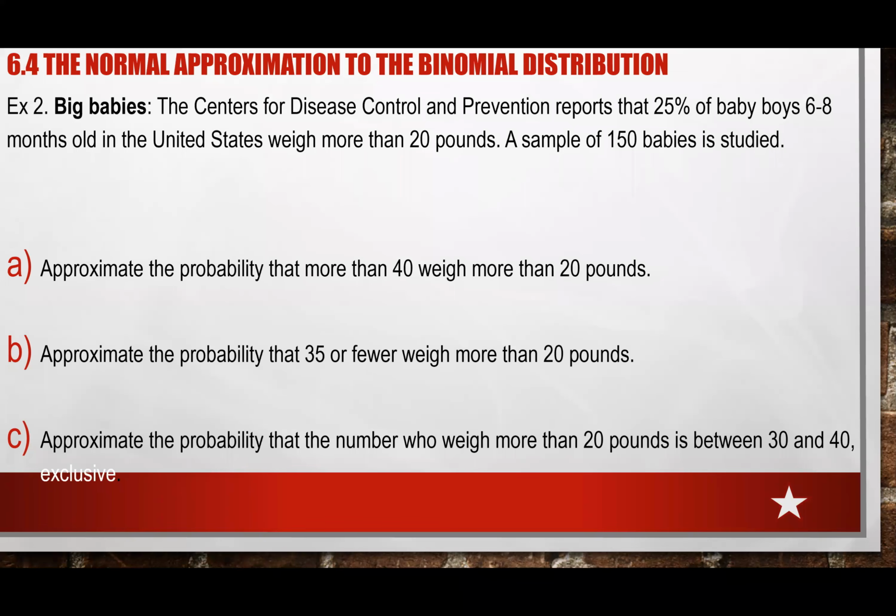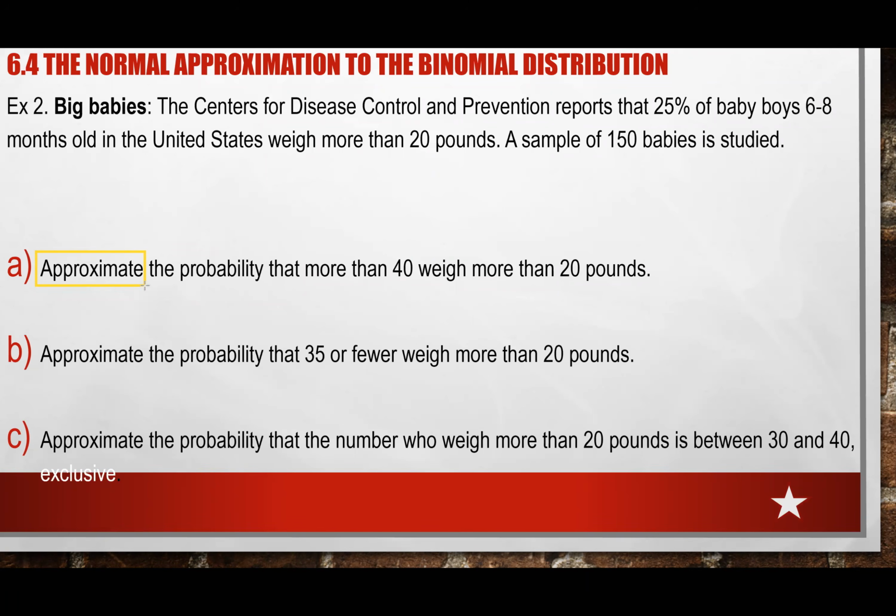They ask you to approximate, and again, that's the keyword. When they tell you to approximate, that's when you use the approximate normal. So approximate the probability that more than 40 babies weigh more than 20 pounds.